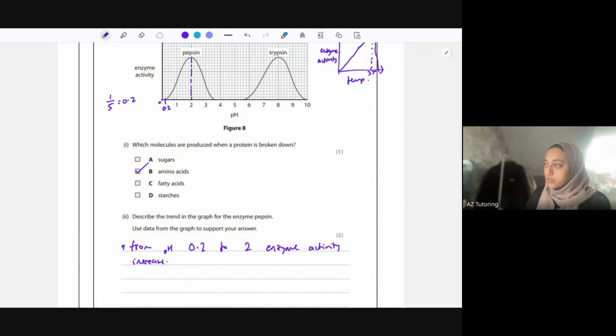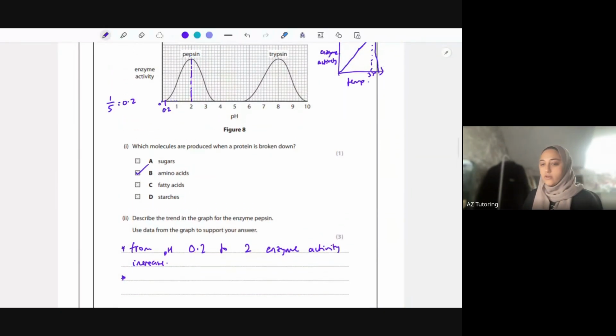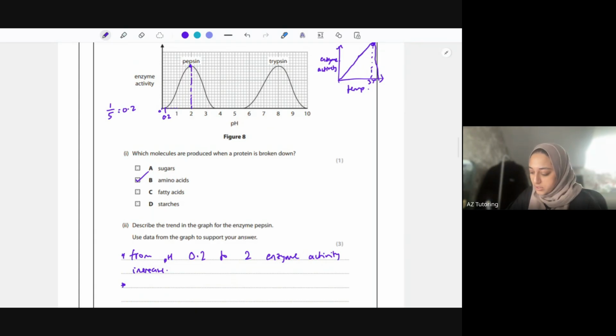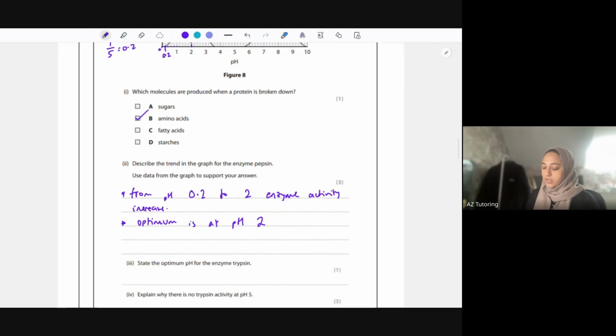So you just described what's happening initially. For the next one, you could say that the optimum of this enzyme activity, so the best, is at that 2. So the optimum is at pH 2. So that's where it works the best, so optimum enzyme activity.